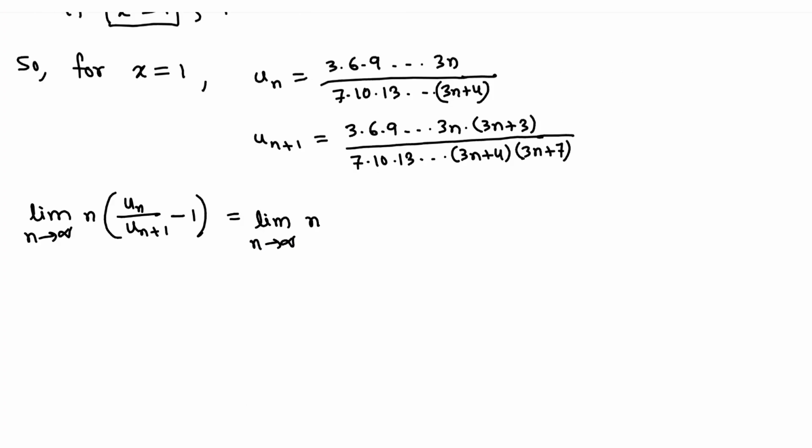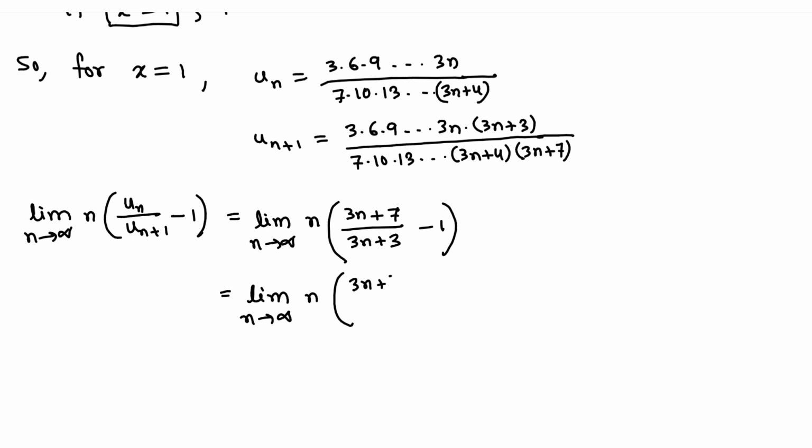So this will be n into 3n plus 7 divided by 3n plus 3, minus 1. This equals limit n tends to infinity n into 3n plus 7 minus 3n minus 3 divided by 3n plus 3.